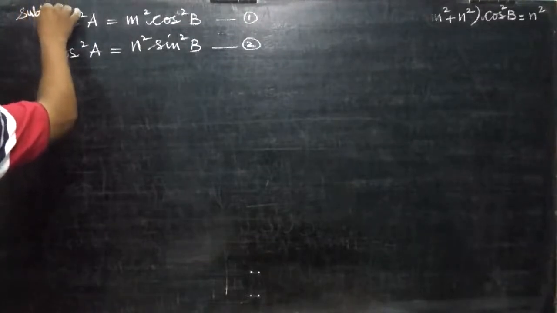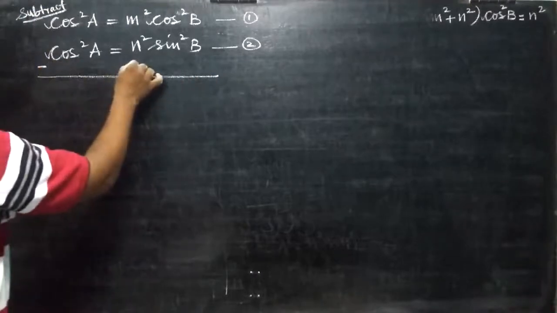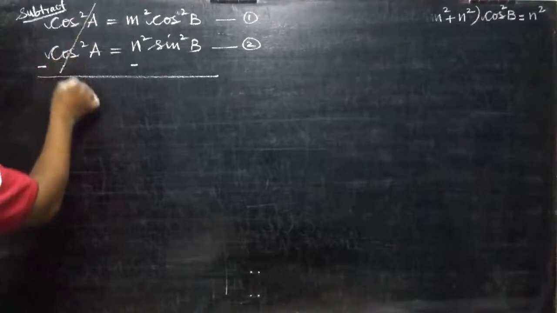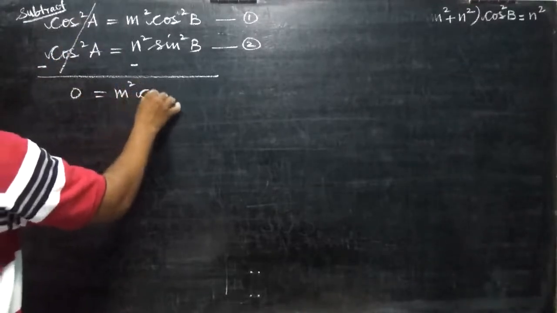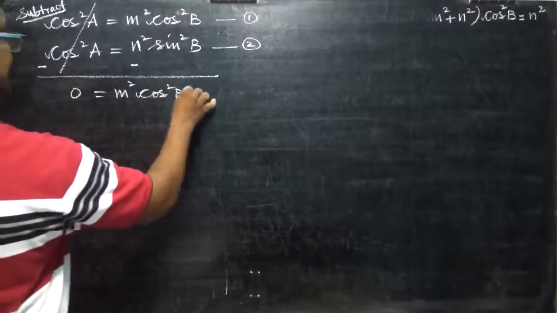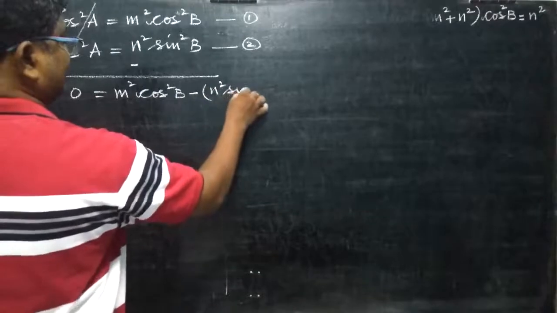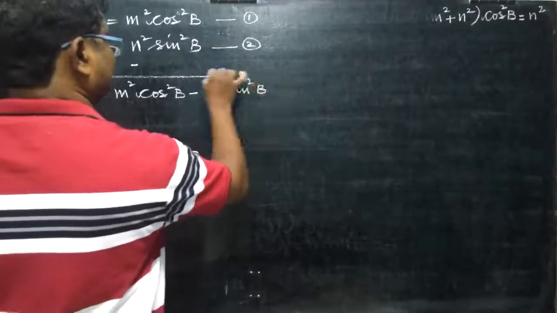If you subtract, minus cos square A, minus cos square A get cancelled, 0 is equal to m square cos square B minus n square sin square B.